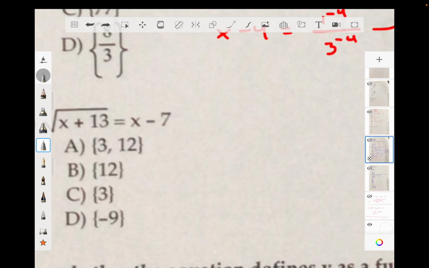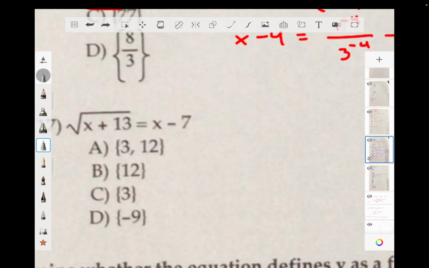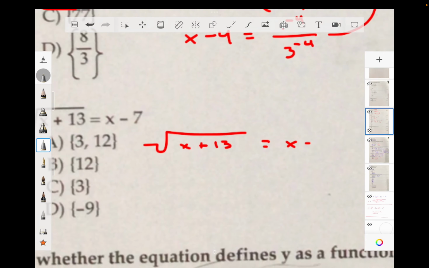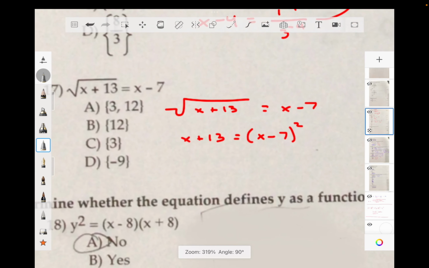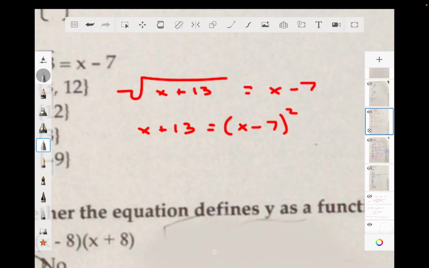Let's square it first, to get rid of the square root, so it becomes x plus 13. But that doesn't make it that much simpler, so let's turn this into a proper looking quadratic.